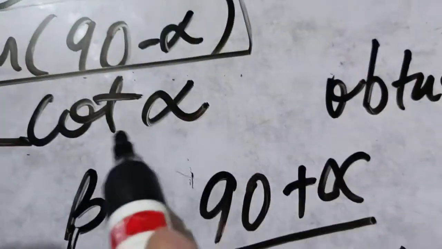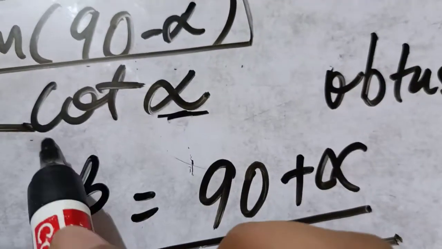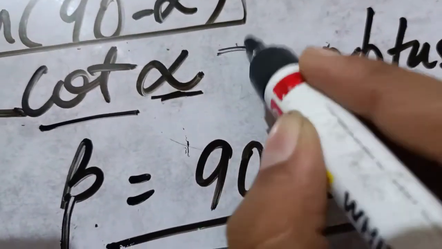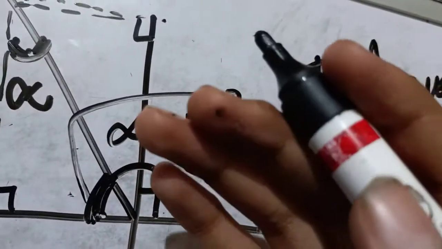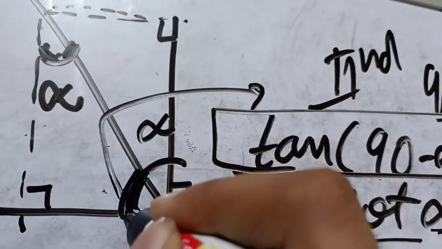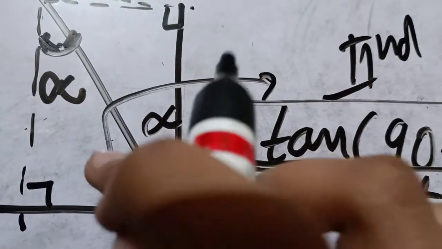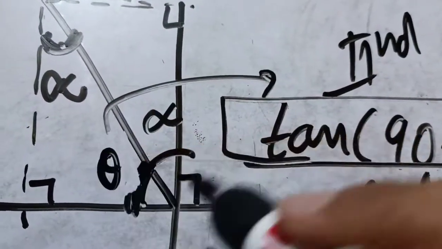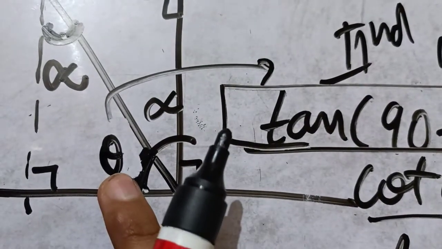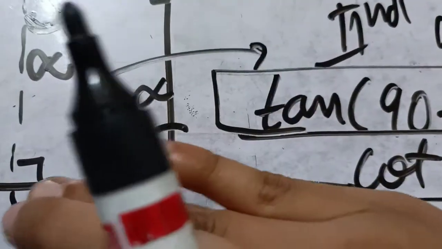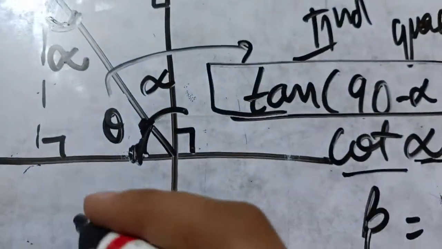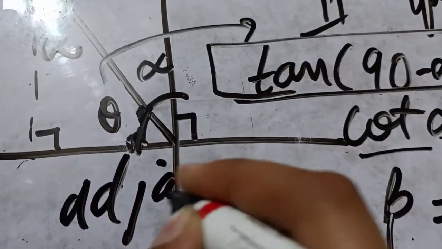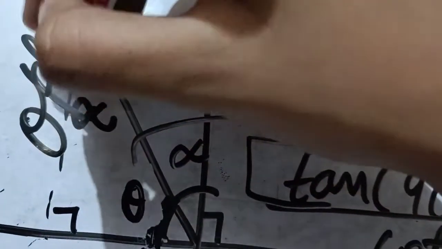We know that if you put any angle here and take out that cot, it will be positive. But here in this second quadrant, to find why this is negative, let's suppose this angle is theta. Then what will the cot of this be? This adjacent divided by this opposite, right?